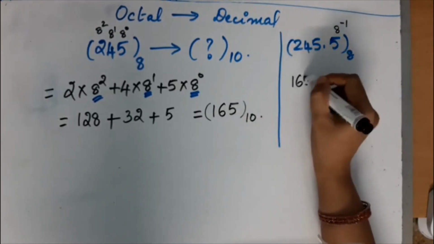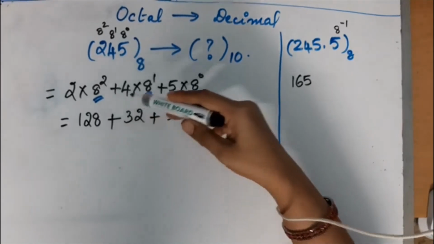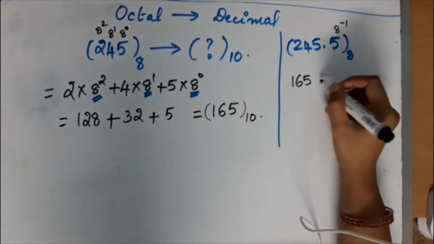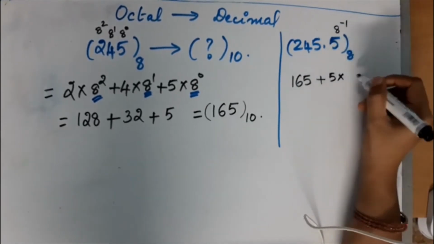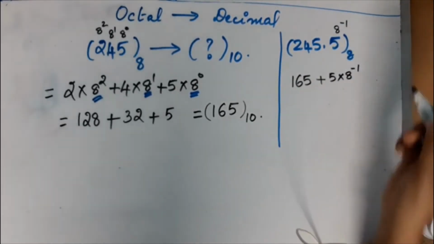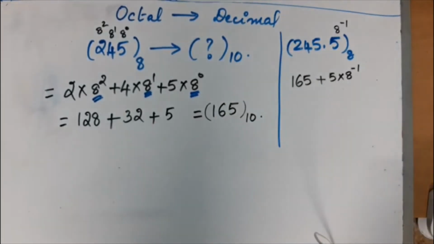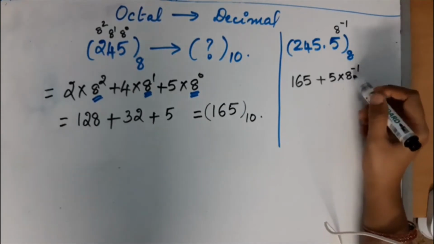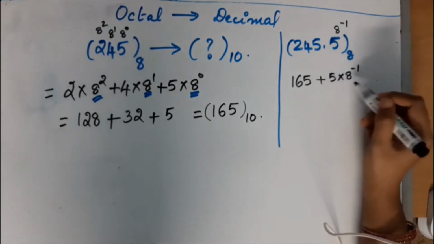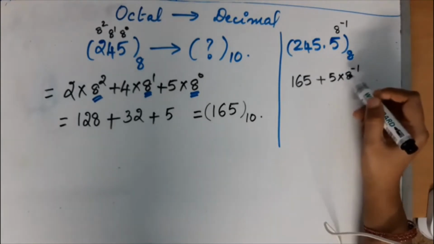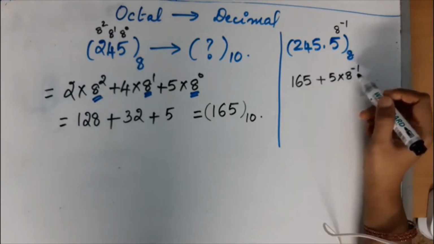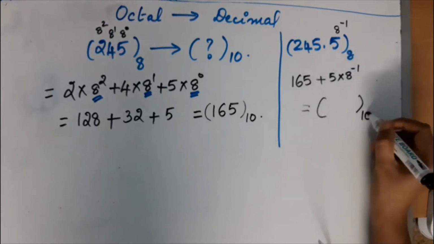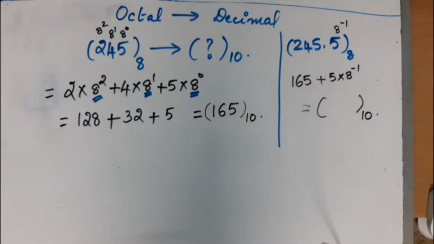So, 165, that is 2 into 8 raised to 2 plus 4 into 8 raised to 1 plus 5 into 8 raised to 0 plus 5 into 8 raised to minus 1. So, that will be 1 by 8. So, 5 by 8. This fraction part will be 5 by 8. So, that much to the base 10. Okay.